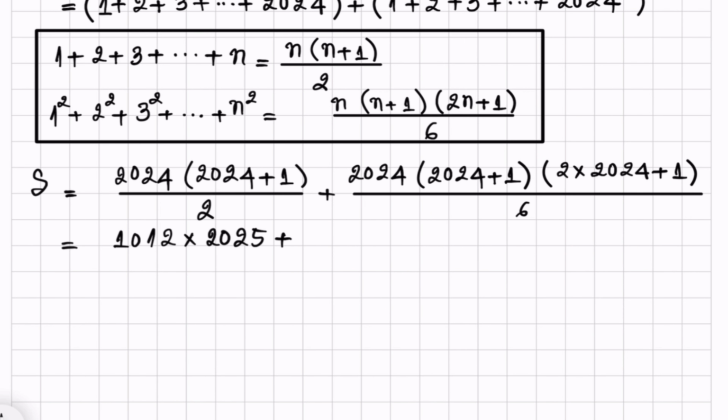So now here is 2025 divided by 3, we will get 675 and times this number here, which is equal to 4049, okay.